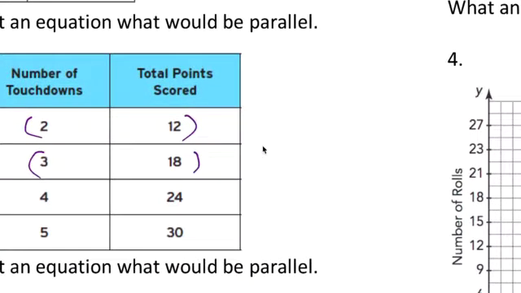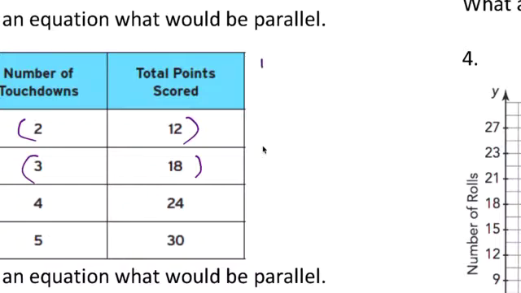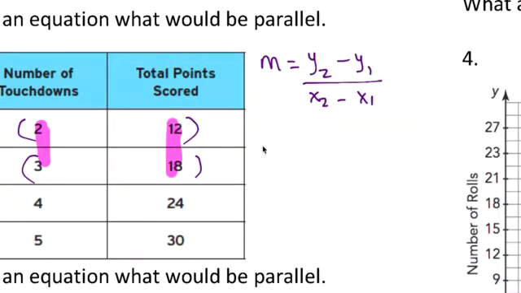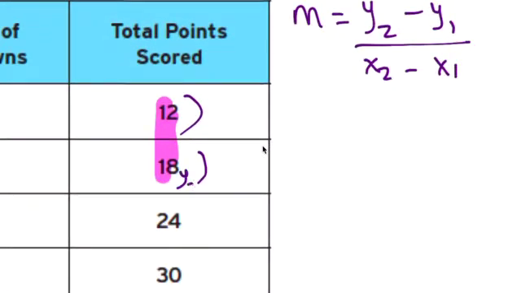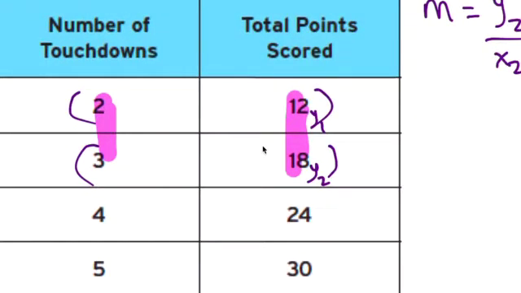We find slope first, and slope is y sub 2 minus y sub 1 over x sub 2 minus x sub 1, the change in y over the change in x.